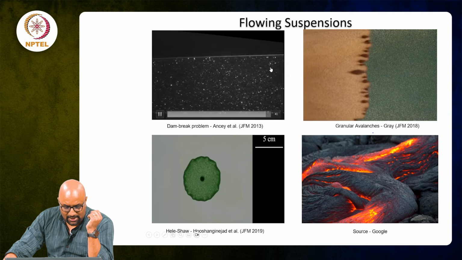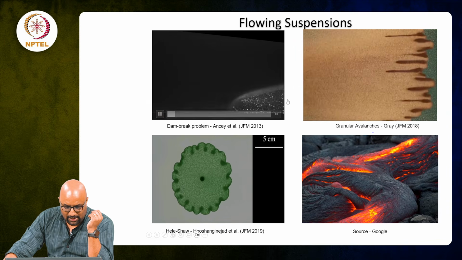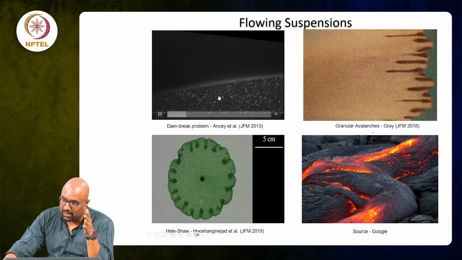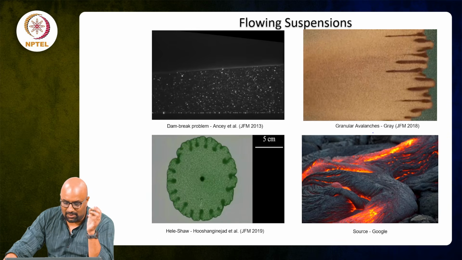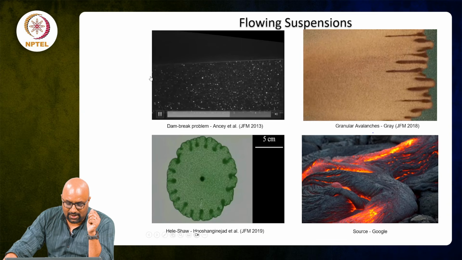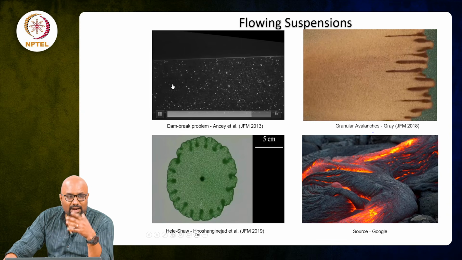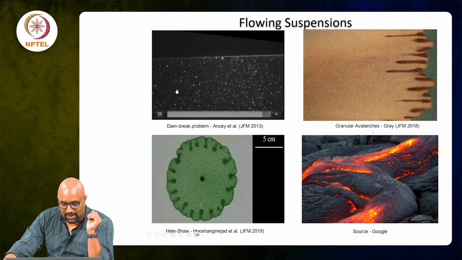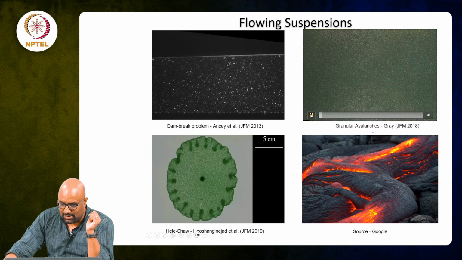You can see in the top one what is known as a dam break problem. You initially have a barrier confining a fluid with particles present in it, and as you release it, it flows down. So, this can be viewed as a sediment laden flow front that is intruding into the surrounding. Similarly, you have these things known as granular avalanches.